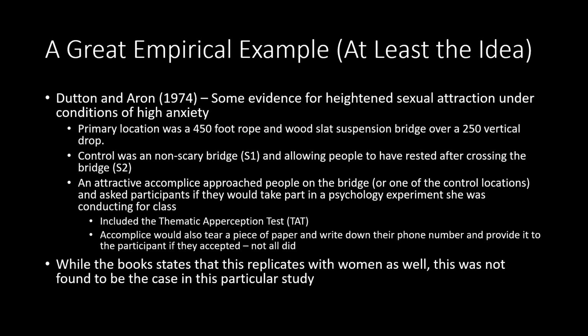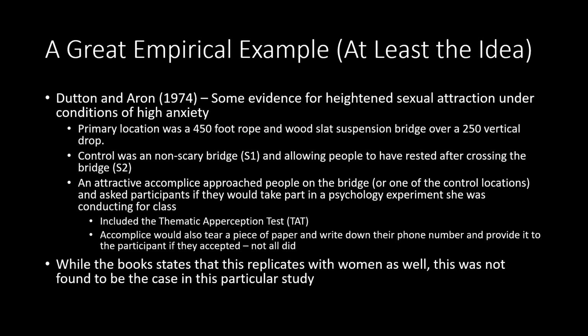So the way this worked is an attractive accomplice would approach people on the bridge, ensuring that the people they approached did not have someone of the same gender as the accomplice, and then they would ask if they would be willing to take part in a psychology experiment that the accomplice was conducting for their class.